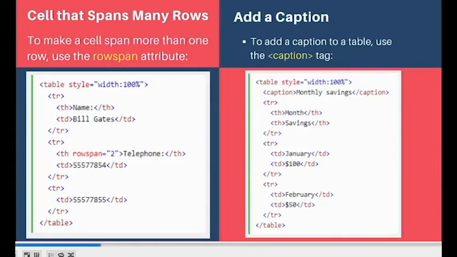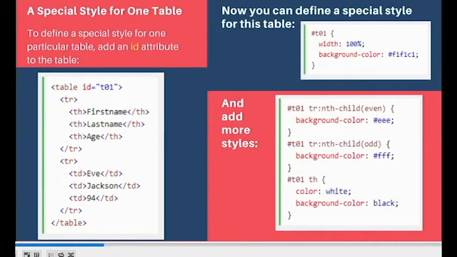Alright, next is, so there are special types for one table. So to define a special type for one particular table, add an ID attribute to the table.